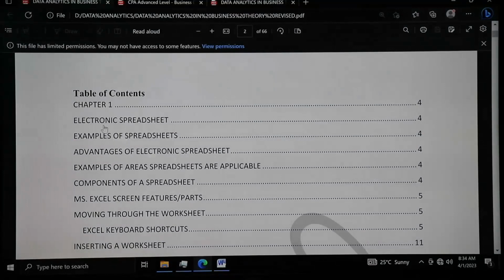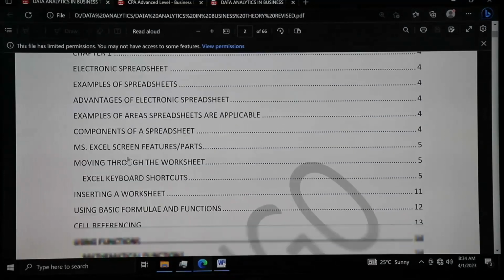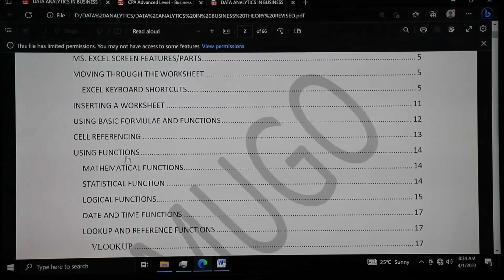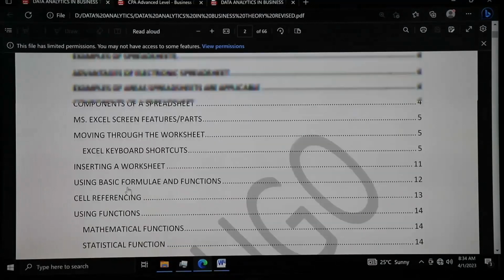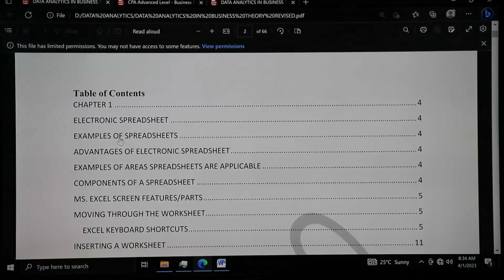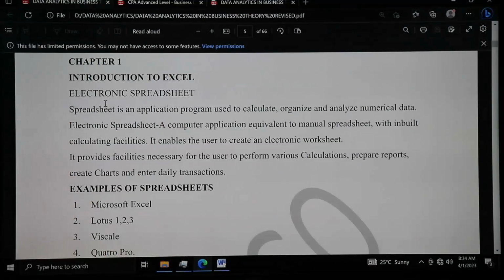You're supposed to understand the spreadsheet, the keyboard shortcuts, the references, and some of the basic functions that you use in Excel. I'm not going to go through this because throughout you have been using Excel, and probably in the process of using Excel, you have noted some basics.